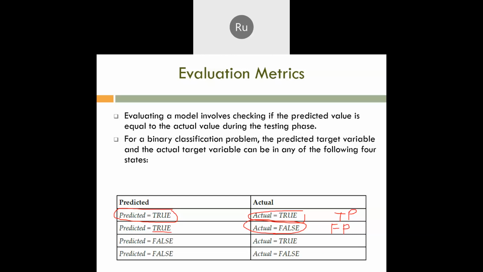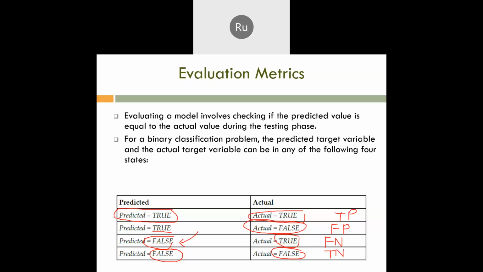If the value is true, but you say this is false, this is a false negative, because we assume they are negative but the actual value is true. If the actual value is false and we predict false, this is a true negative.